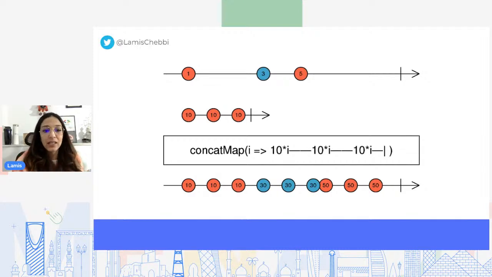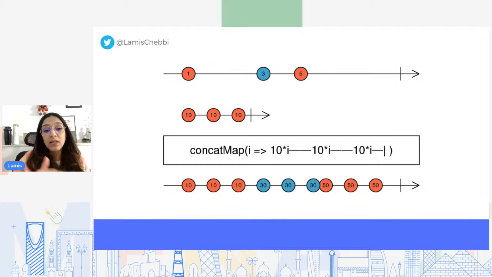So here you can see that the concat processed the values of the first observable, executed the transformation function inside the concat map, and output the values of both of the observables sequentially.